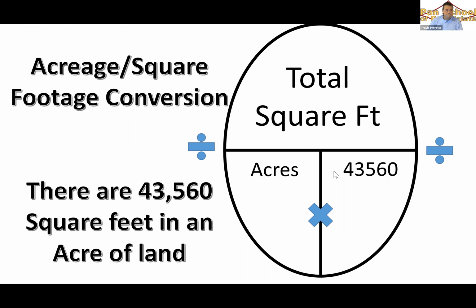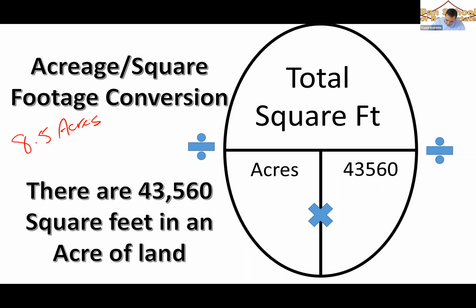Technically, we could always do land as square footage. There's a problem with square footage, though. The numbers get to be really, really big, really quickly. For example, if you were doing a land sale, and I'm just going to make up a number here, let's say you were doing a land sale for 8.5 acres of land.